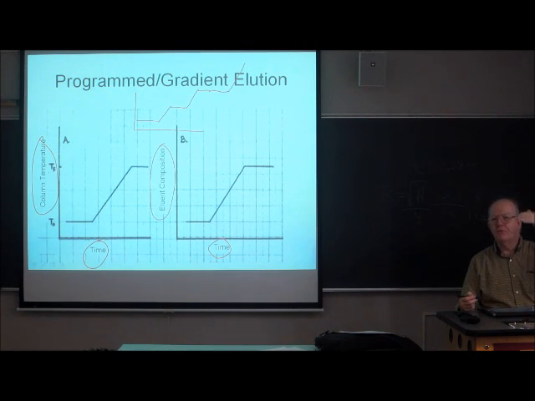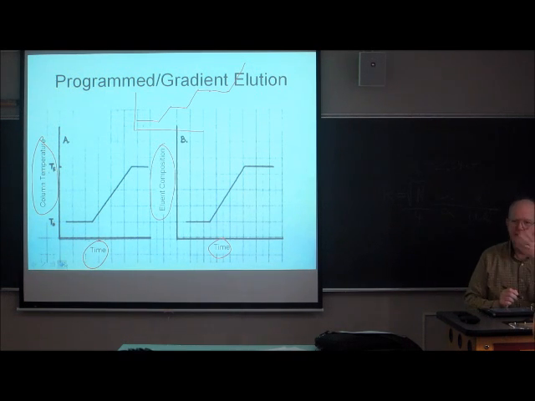There are multiple step gradients available in both GC and LC, and in fact nonlinear gradients if you wanted them. Once you have a computer controlling your temperature programmer or your eluent programmer, you can put in anything you want.